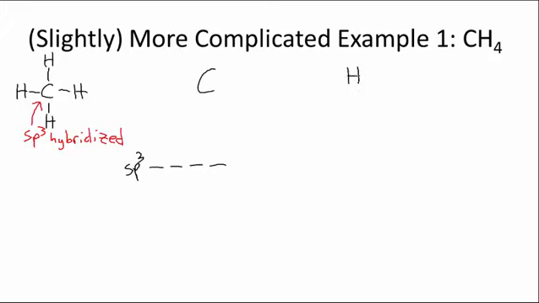And then hydrogen, well, there's 4 of them, and each of them has a 1s orbital. So I draw 4 little lines there.